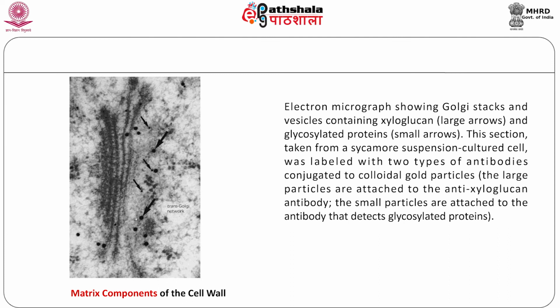To summarize this module, we have learnt about the cell wall. The cell wall is an important component of the plant cell. The plant cell wall is divided into two types, primary cell wall and secondary cell wall. The cell wall compositions are cellulose, hemicellulose and pectins.